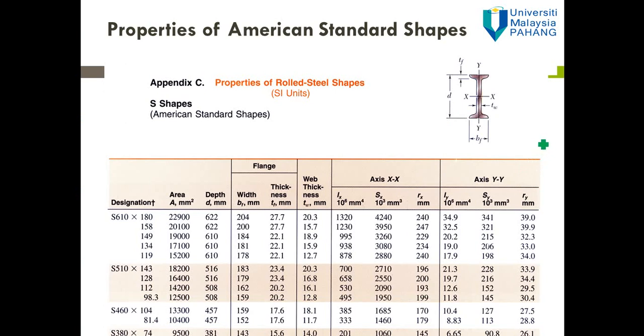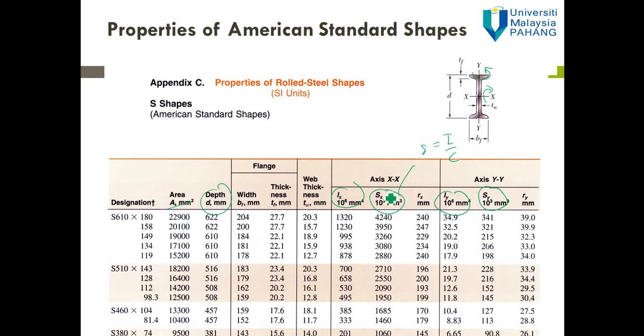For various standard shapes of beam, the properties such as the area, depth, and moment of inertia with respect to the x-axis, and with respect to the y-axis, meaning the moment acting about the y-axis, and section modulus S, which is S equal to I over C.